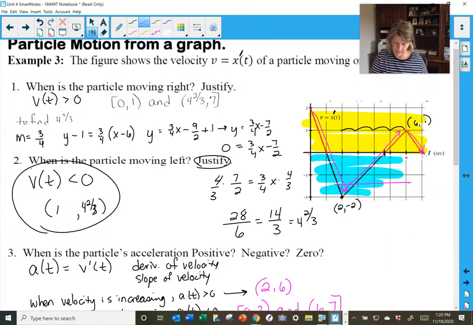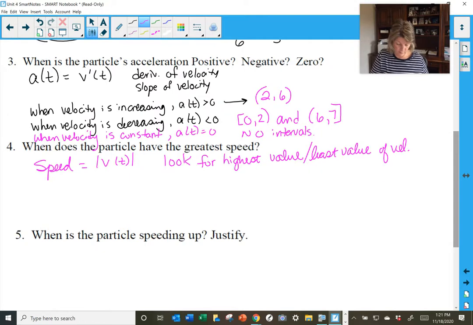So I go to my graph. Looks like we have a high of 2, right? And we have a low of -2. Looks like it happens twice, doesn't it? It says when. So when velocity at 0 equals absolute value of 2, which gives me 2.